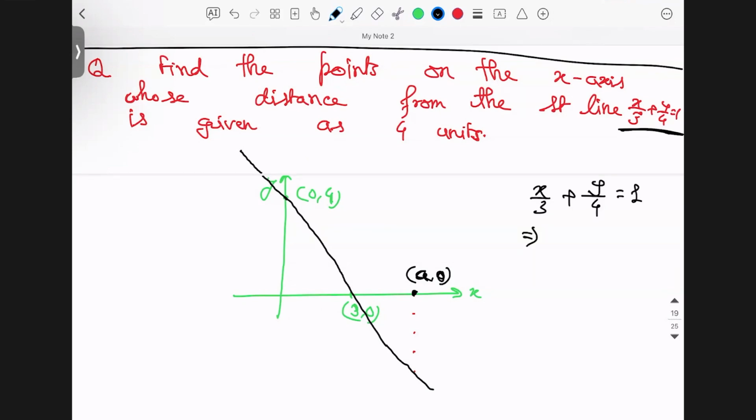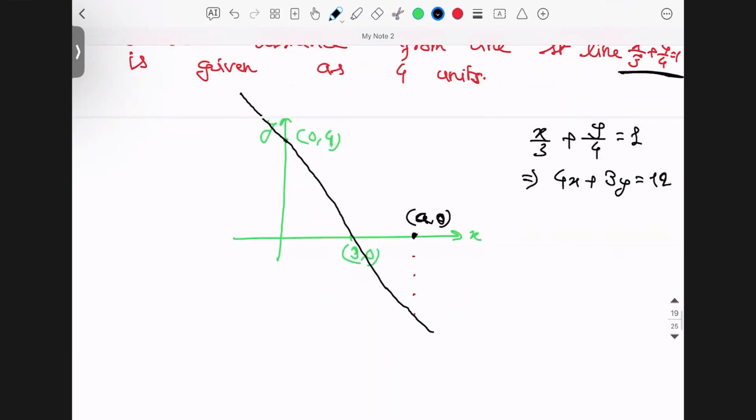So this will give us 4x plus 3y minus 12 equals 0. This is what we ultimately get. Now, any point on the x-axis has coordinates a comma 0.